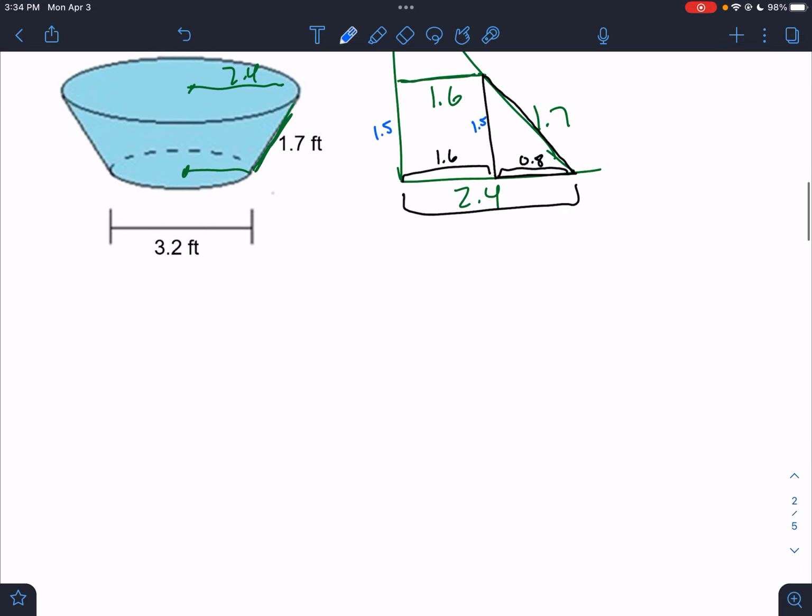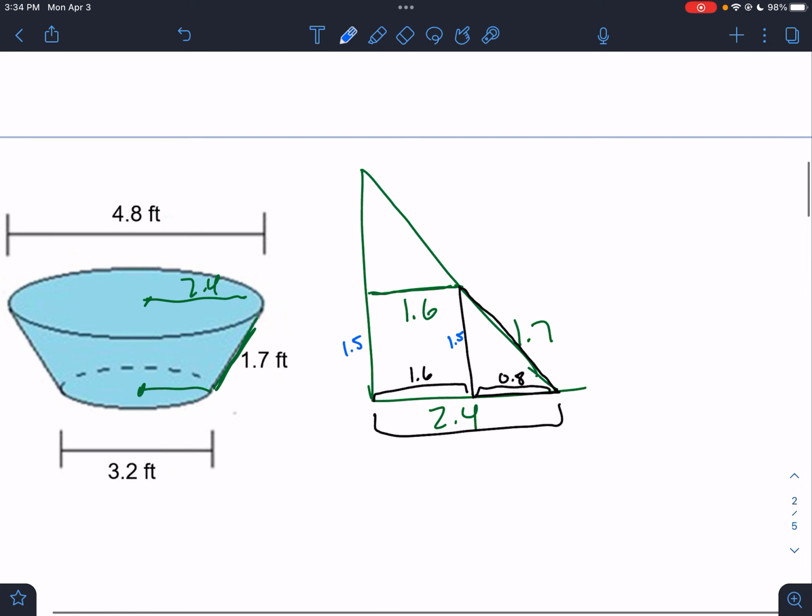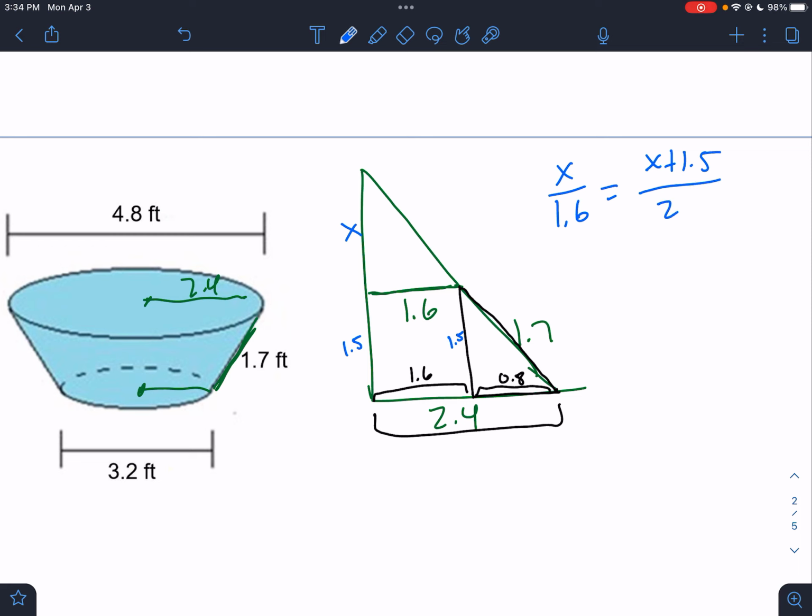All right, so now once you have that piece, now it's just like the last question. You're going to put an X on the unknown height of the cone that was cut off. You're going to do a proportion. Left over bottom for the small cone is going to equal X plus 1.5 over bottom 2.4, the entire bottom 2.4 of the big cone.